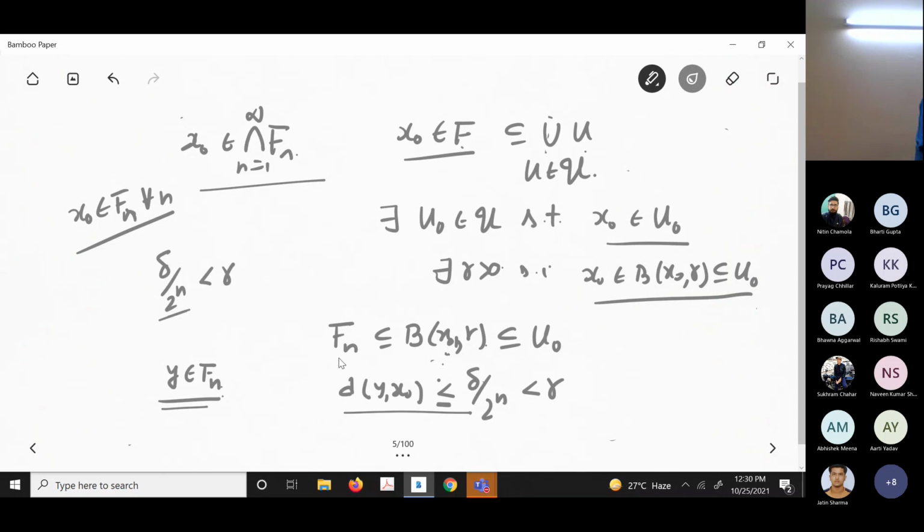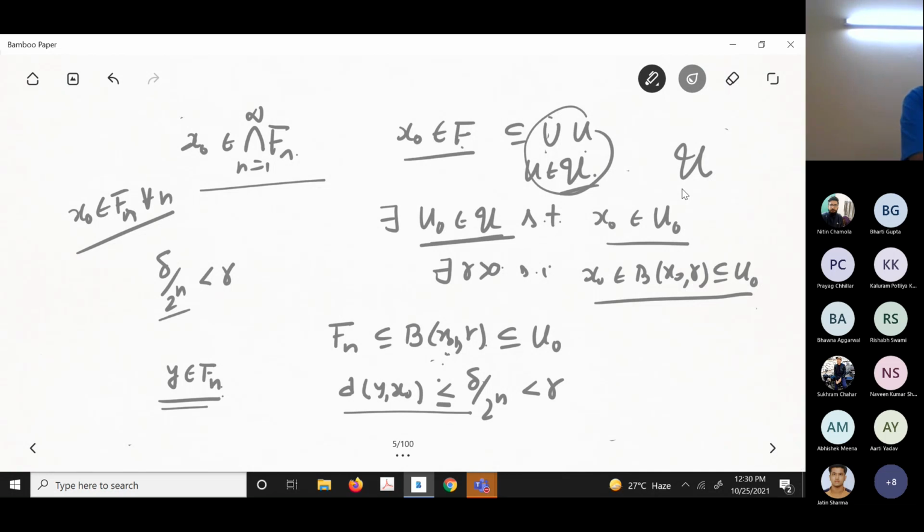That means what? Fn is being covered by U naught, one single element, but U naught was a member of this. But how did I get Fn? No, Fn is covered by a finite subfamily of the cover U, the script U. No, Fn is covered. That's the way I have chosen.